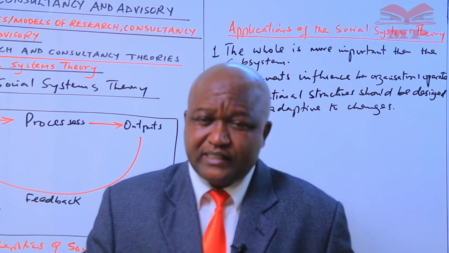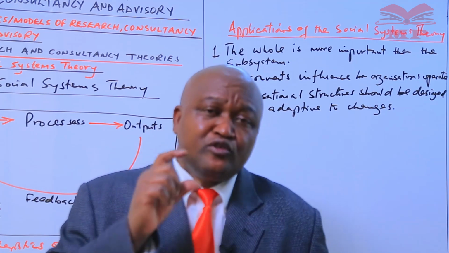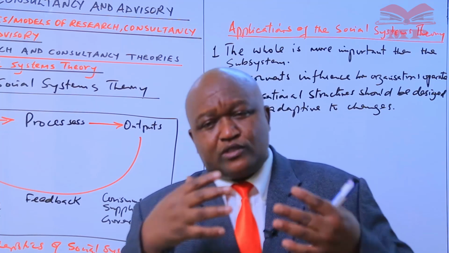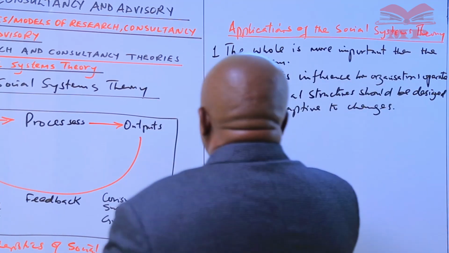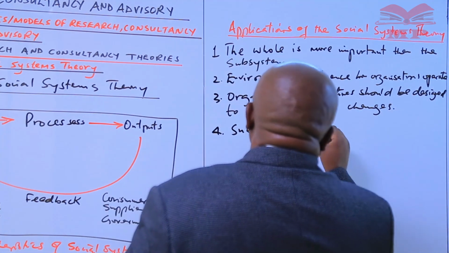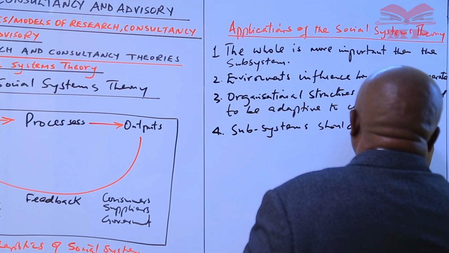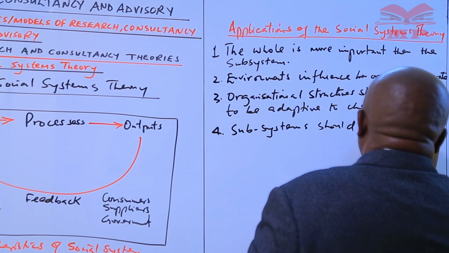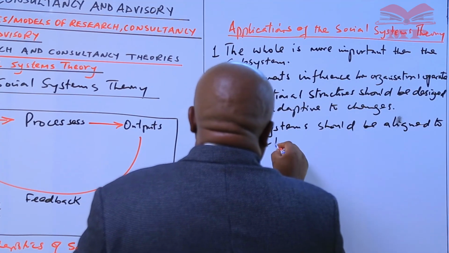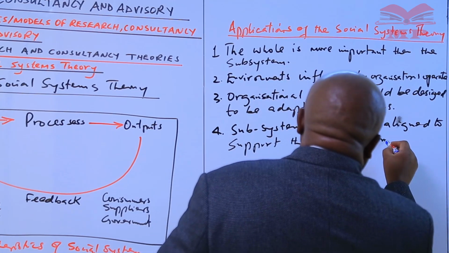Then it's also important to note that another use of the social systems theory is that subsystems have to be aligned to support the main system.